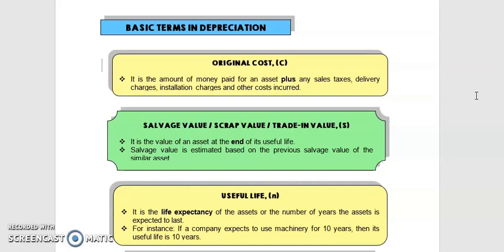Do not estimate using a Velfire, for example, because that is not appropriate. Make sure we estimate based on the similar asset.